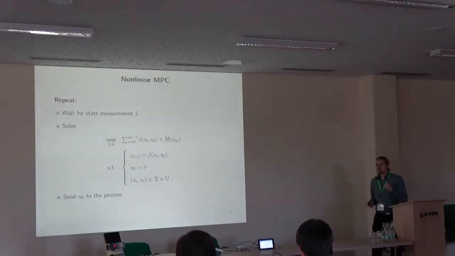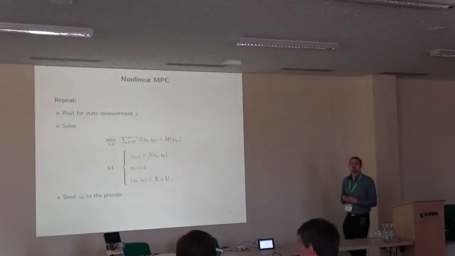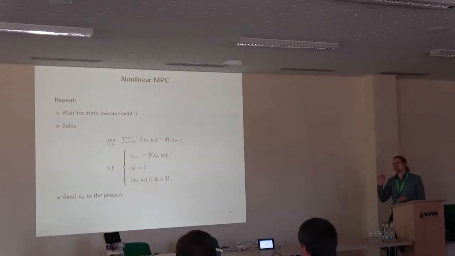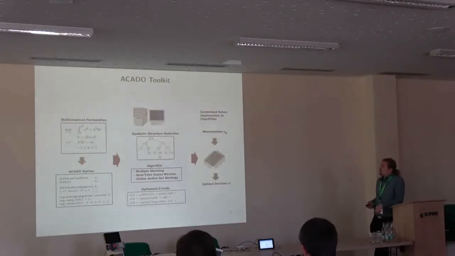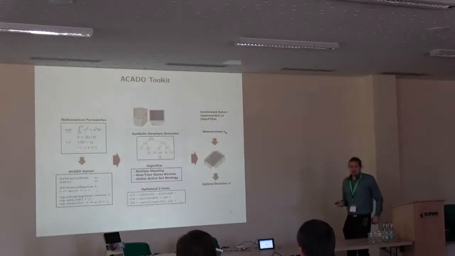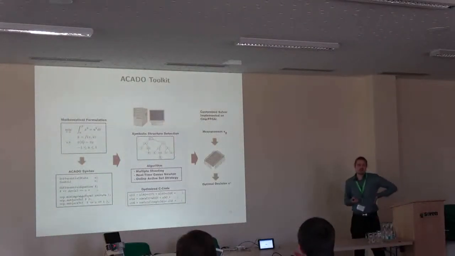In order to do this, I would like to outline first a little bit what we did in the past in order to solve these optimization problems, and also to say a little bit about what the numerical performance is, if we really go to actual industrial case studies. As Michael mentioned, a few years back, in 2009, 10 or so, we started to develop a tool called the ACADO toolkit.